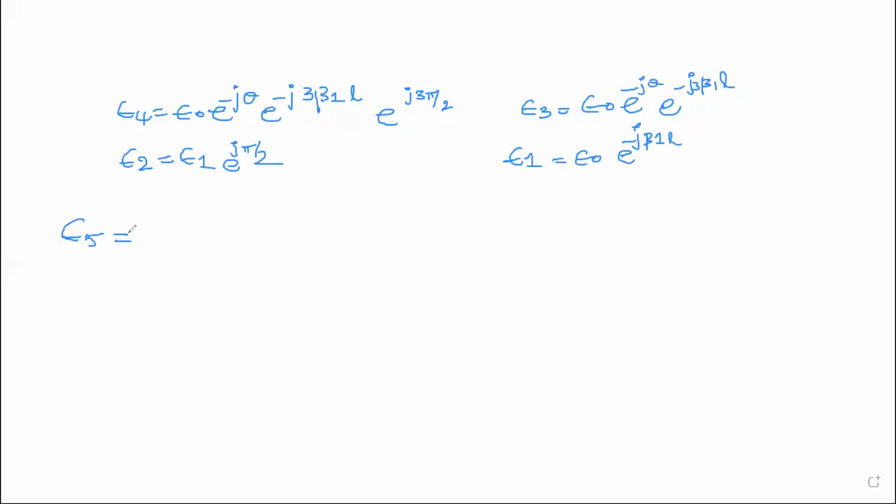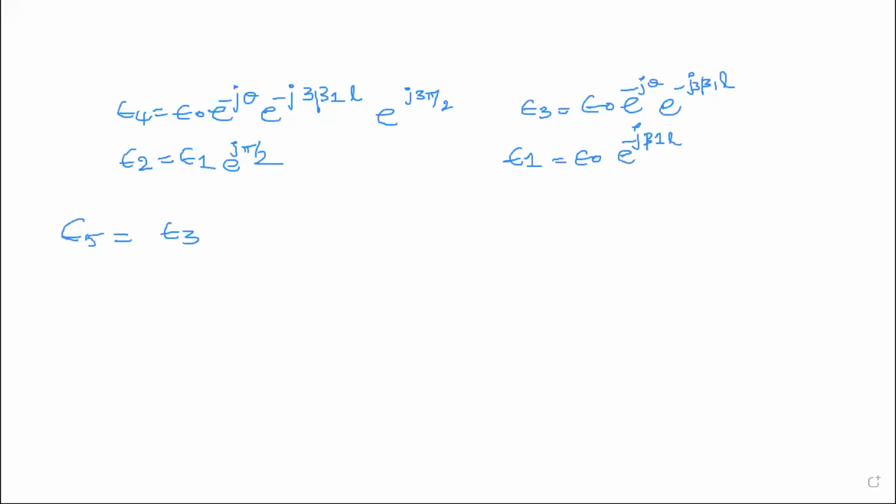E5 is nothing but, if you see the phasor diagram of the precision phase shifter, it has the E3, E5 and E6 components. This figure, just a minute, I'll share.